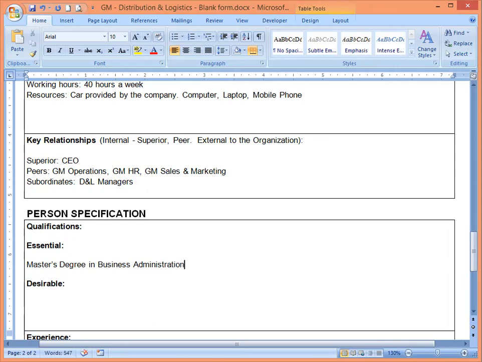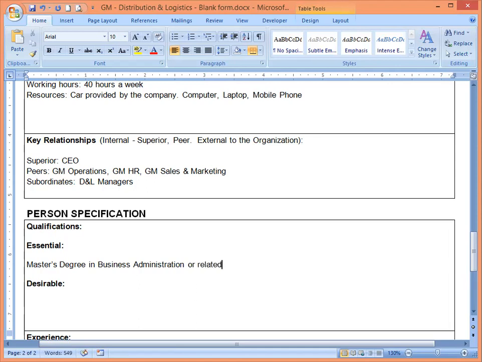Okay. For the purpose of recruitment, sometimes there is scarcity in the labor market. So you don't want to stick on the business administration. You can say "or related," right? Related.